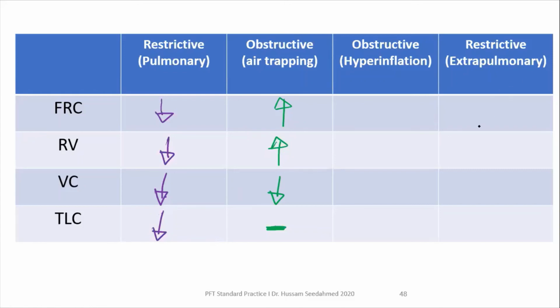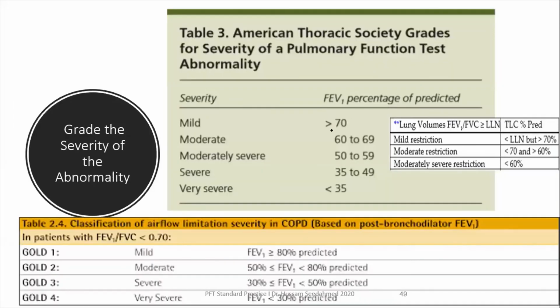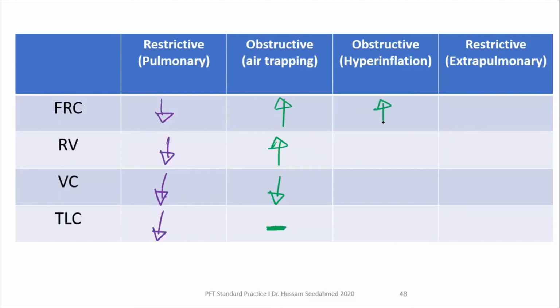Now let's move to the next, that is obstructive with hyperinflation. The FRC is going to increase. How about residual volume?